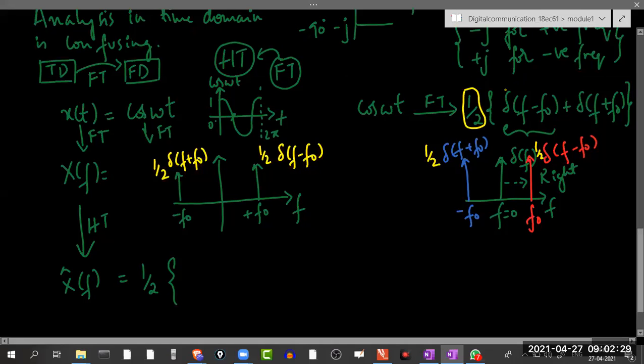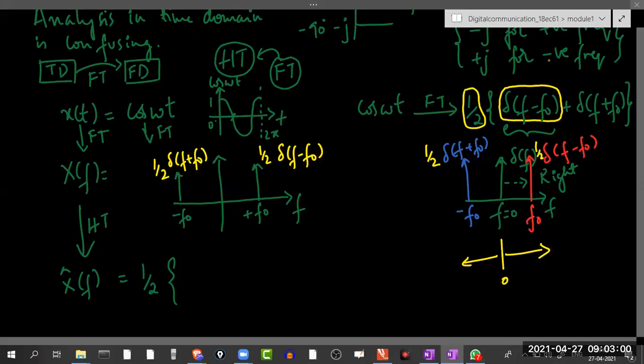Tell me, is this delta f minus f naught associated with a positive or negative frequency value? All I'm asking is whether it belongs to the right hand side of this 0 or the left hand side of this 0. Positive, yes, that's the right answer.